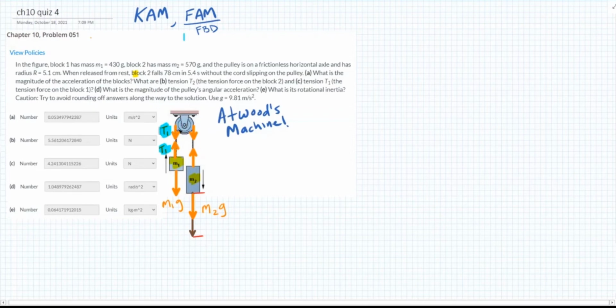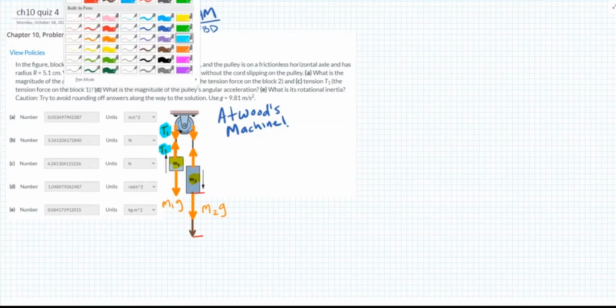So that's why I'm saying these are the same. This rope tension on the left side is the same pulling down on the pulley as it is pulling up on M1. So I am purposely talking about that a lot because these are the finer points. These are common tripping points.